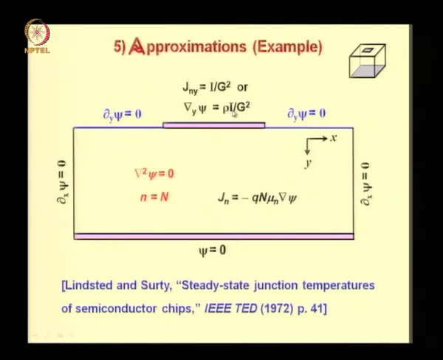So rho multiplied by I divided by g square. So for any given current I, that would be the electric field over this contact. Alternately, you can talk in terms of current density normal to the contact. That would be simply the current divided by the area of the contact, which is g square, because it is a square contact of dimension g. So this is the square contact.